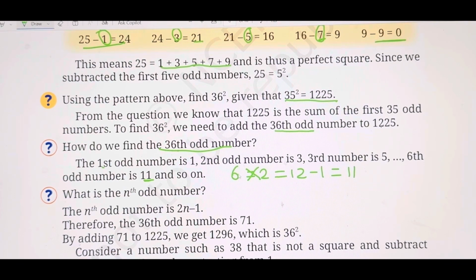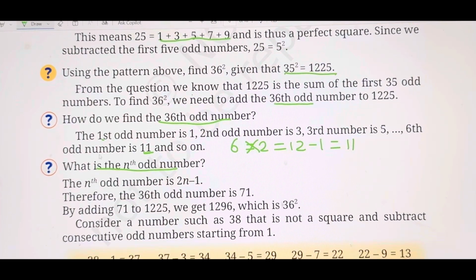So the sixth odd number is 1 less than its double, right? So if we derive the formula, if you take the nth odd number, just double it and subtract 1. So you get the formula as 2n minus 1. So if you want the 36th odd number, you double 36 minus 1. So double of 36 is 72, minus 1 is 71, right?